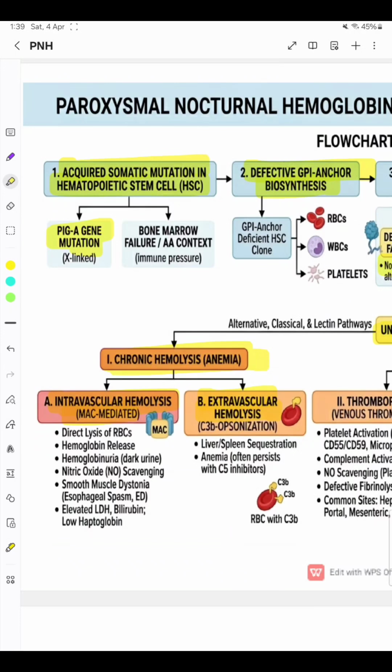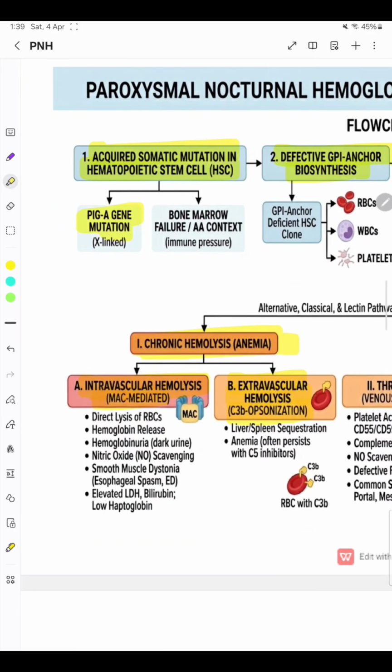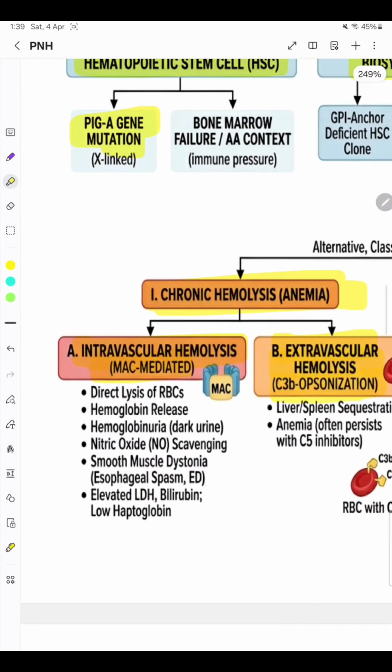As C3b acts as an opsonin, this will result in increased phagocytosis of red cells by the macrophages of spleen and liver.